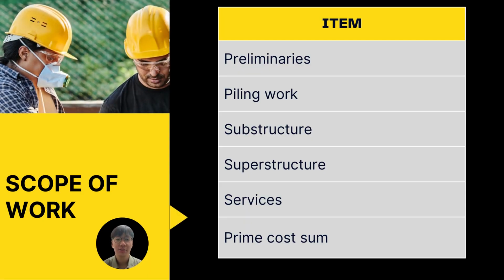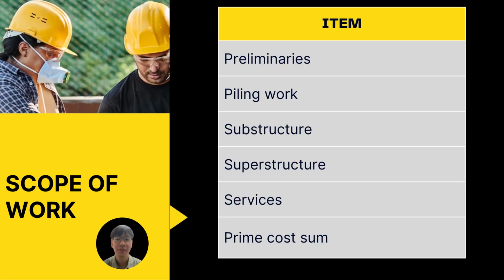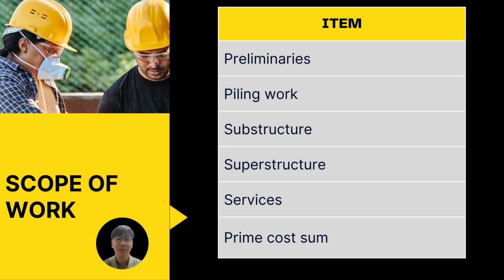A quarters guru structure will be built as part of the planned project. The construction project includes preliminary work, provisional and prime cost sums, piling work, substructure work, superstructure work, services and external work. Consequently, the contractor's general duty and management arrangements are established through the preliminary aspect, as specified in the specification of the design.